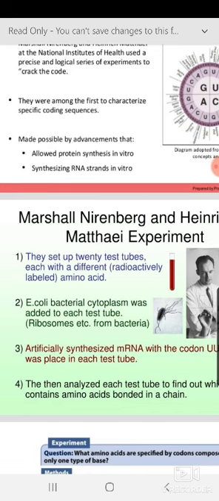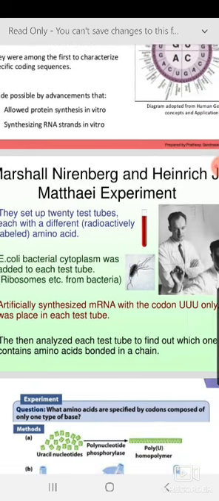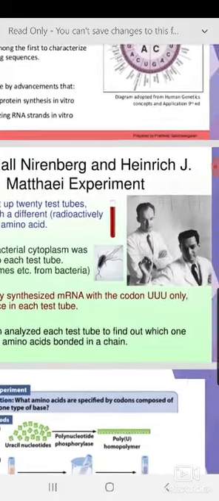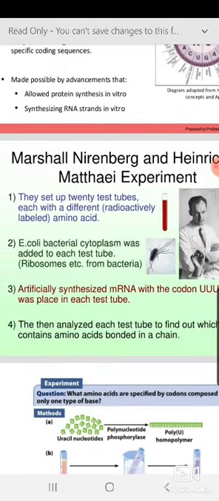So first, they took 20 test tubes. In each test tube, one radioactive amino acid and the other 19 are cold. Then artificially synthesized mRNA with the codon UUU only was placed in each test tube. That means they synthesized, with the help of polynucleotide phosphorylase, a synthetic RNA having only a U template.